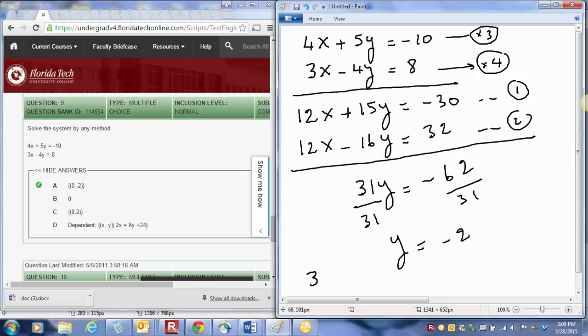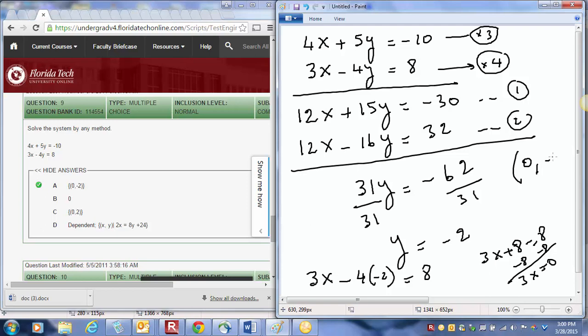So that would be 3x minus 4 times y, will be plus 8, equals 8. So this is 8 and this is 8, they will cancel. So x would be 0. Subtract 8 from both sides. 3x equals 0, therefore x would be 0. So y is negative 2, x is 0, so the point would be 0, negative 2, and that would be A.